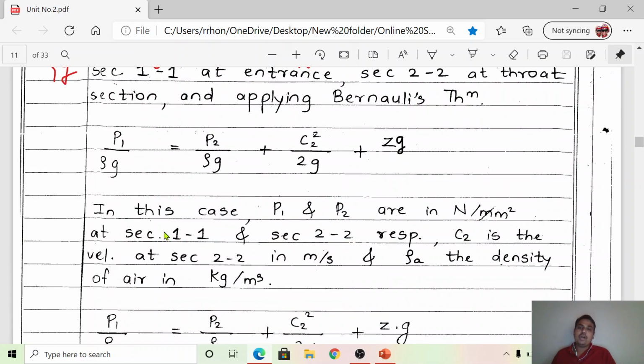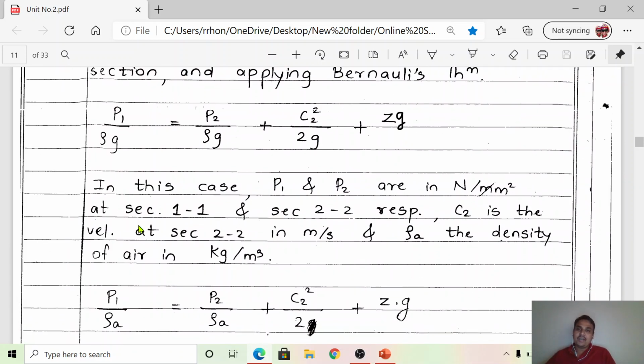Okay, so when we proceed for the further simplification, P1 and P2, as we already discussed, are the pressure at section 1 and section 2 respectively, and C2 is the velocity at section 2 in meter per second.